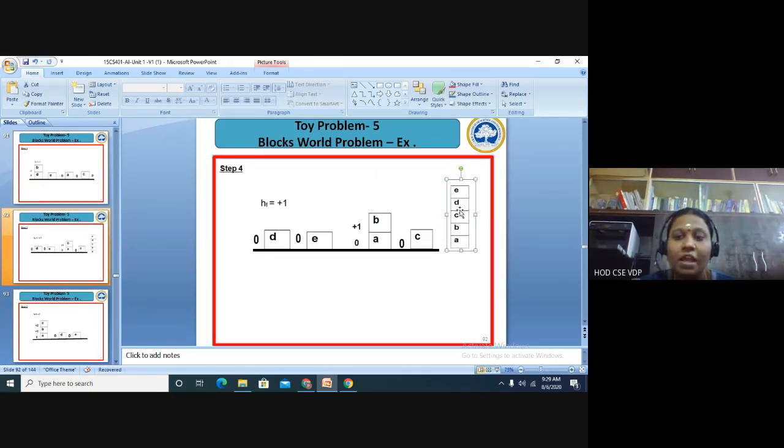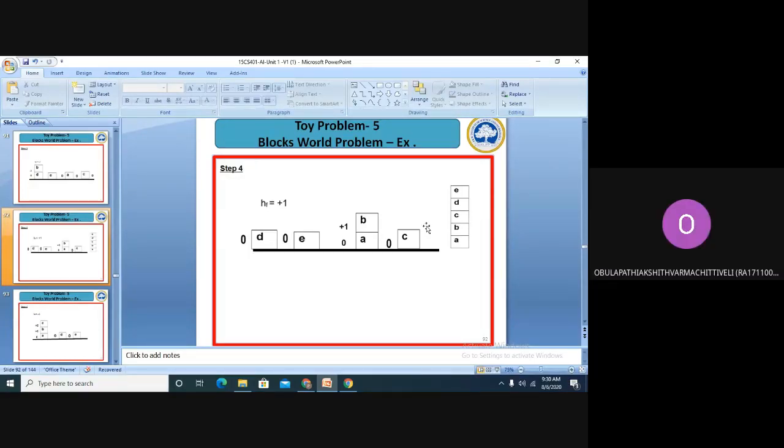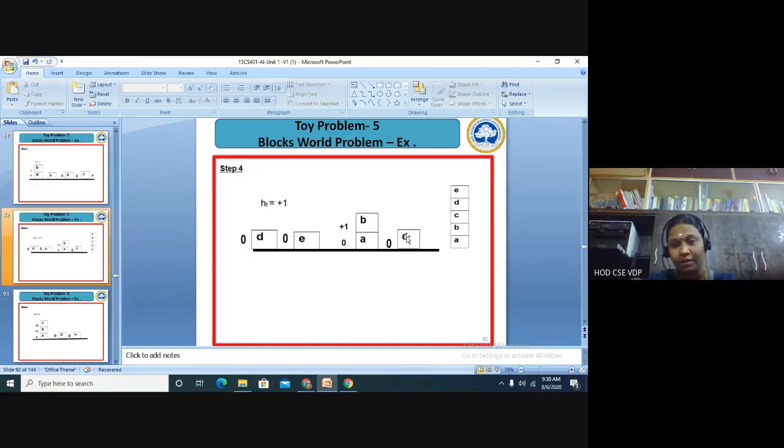If you place C on top of D, what is the value you get? C on the floor gives a value of 0. C on D gives a heuristic value of 1. But only if C is in the third block will you get a heuristic of +3. So here it is not on the third block.